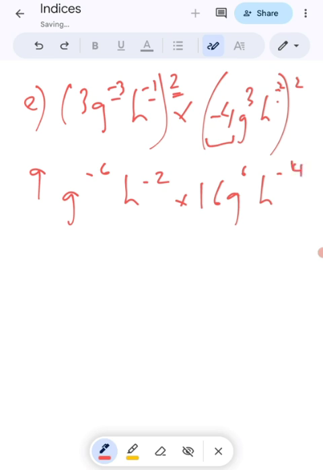Now 9 multiplied by 16 is what, everybody? 9 multiplied by 16 is going to be your 144. Now g to the power minus 6 was there, multiply means a plus, and this 6 power comes as it is.